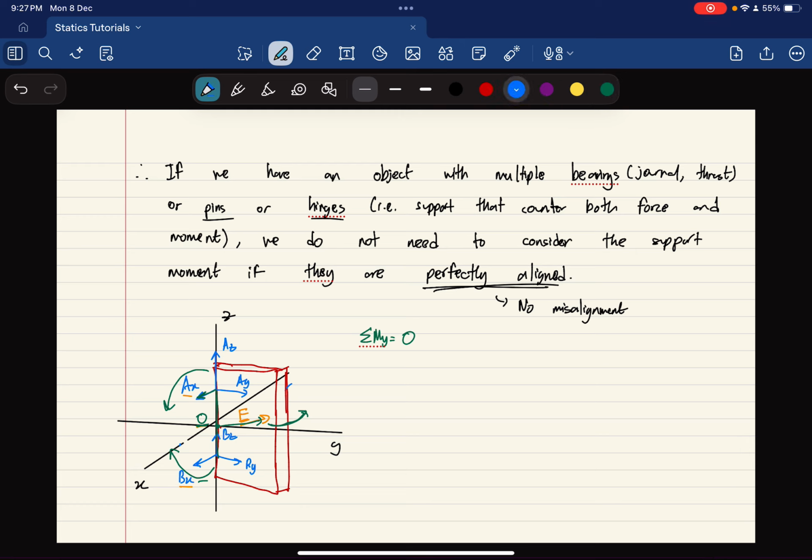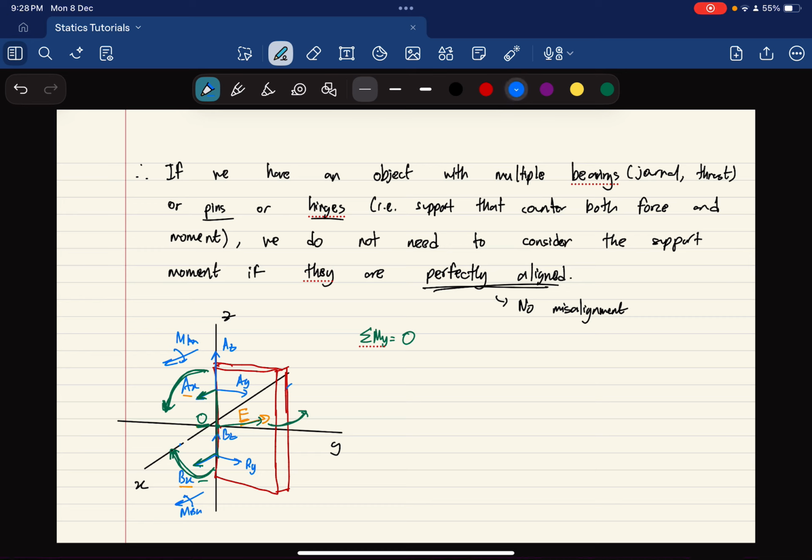We don't need to have MAX and MBX. It's redundant because they will cancel each other out. When you take a moment at point O with respect to AX and with respect to BX, you will get moments that cancel each other out eventually.